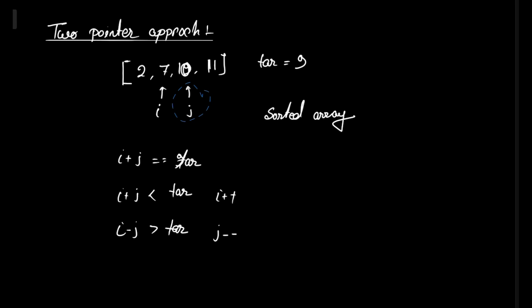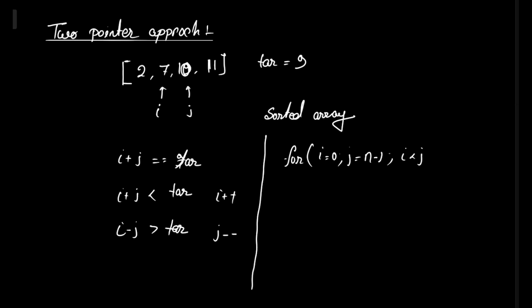Now I run this with the pseudocode. First, I will use a for loop for traversing, where initially i is equal to 0 and j is equal to n minus 1. Then it will check if i is less than j; this will continue until i is less than j.